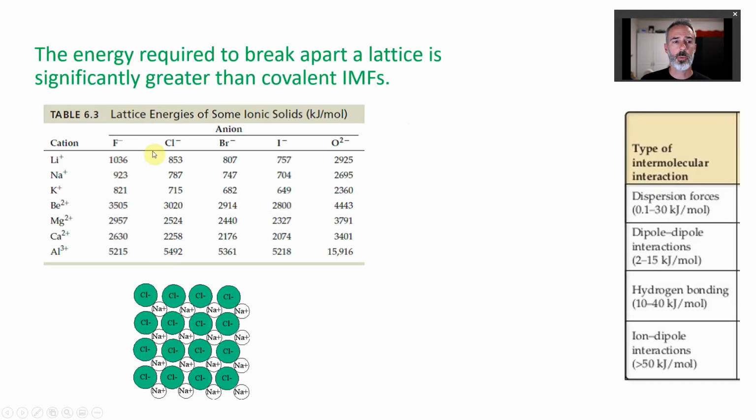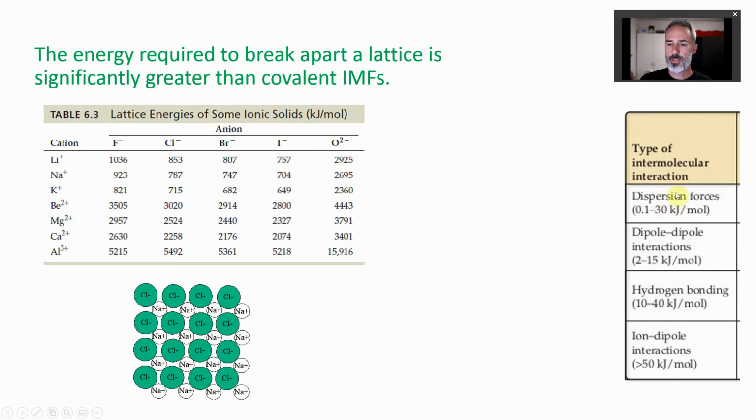And that idea is what we call lattice energy. So lattice energy is the amount of energy it takes to break apart the ions in a lattice. So that's very important. And that amount of energy is much, much stronger than it is for covalent intermolecular forces.